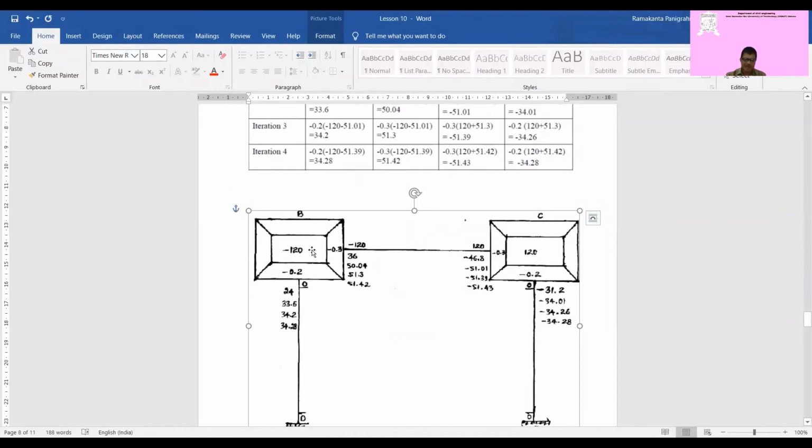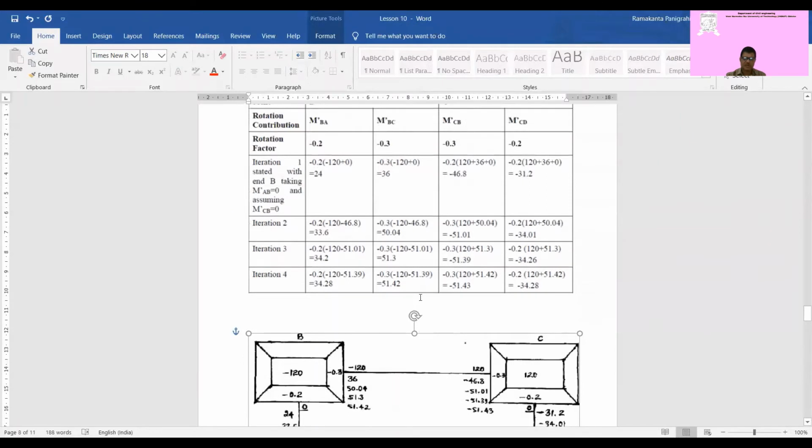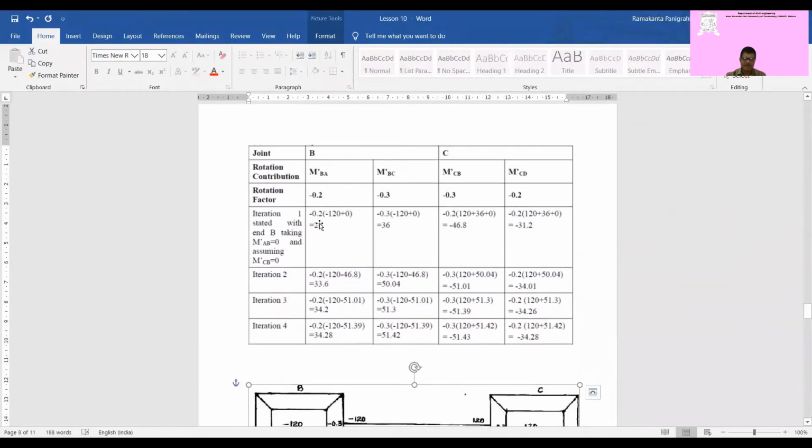You start the cycle with the joint moment minus 120 and minus 0.2. So what will come here? Minus 0.2 multiplied by minus 120 plus far end contribution. Far end on B and far end on C, so both are 0. You see it written here. Minus 0.2, minus 120 and 0, 0 will come. So it will become plus 24. Then minus 0.3 to this, the value will be 36.